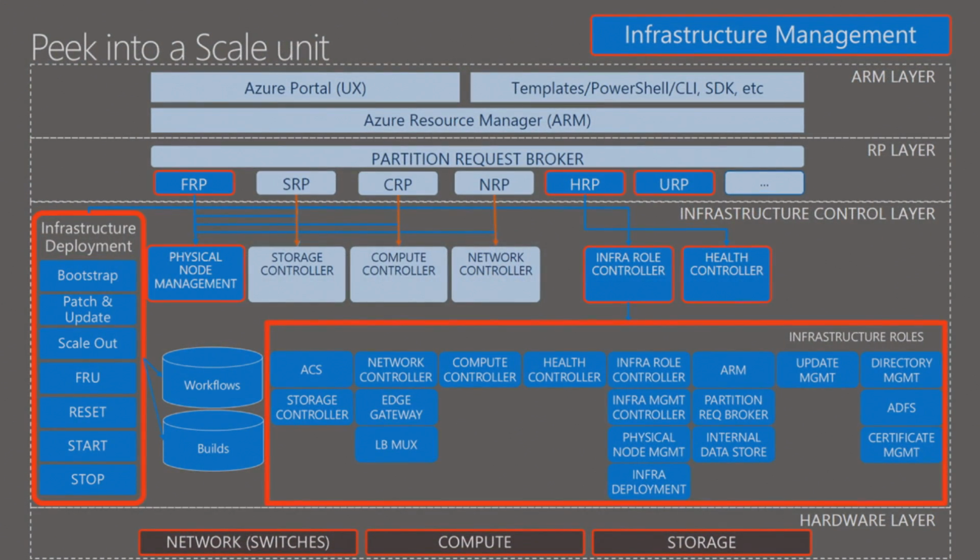So if you go deeper in, what I've tried to do here is all the things that are there in red are the things that are relevant from an infrastructure management perspective, right? So at a very high level, in Azure land, a resource provider is what allows you to communicate with the underlying resource and has a user extension that allows you to actually consume it from the portal, right? So we have a fabric resource provider, a health resource provider, and an update resource provider.